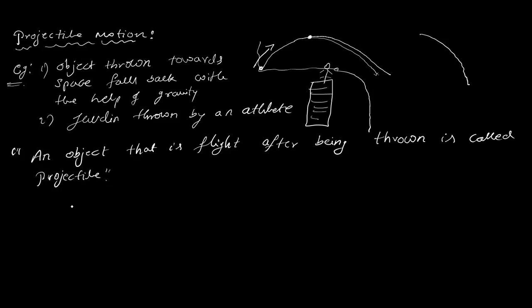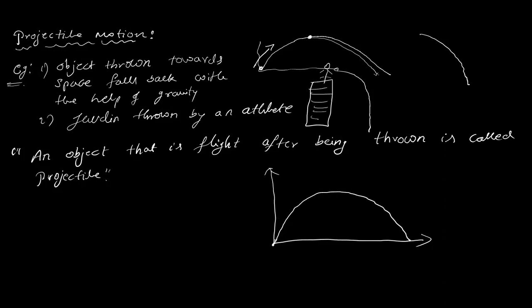When we throw an object towards space, the velocity takes two components: one is a horizontal component and one is a vertical component. See here, if I take a projectile motion, we are throwing like this, so it will come here.